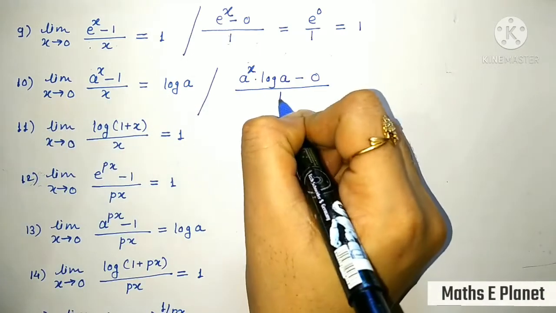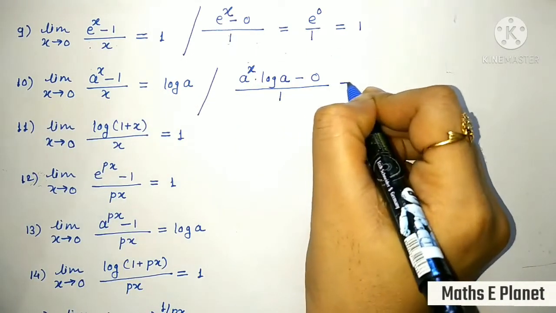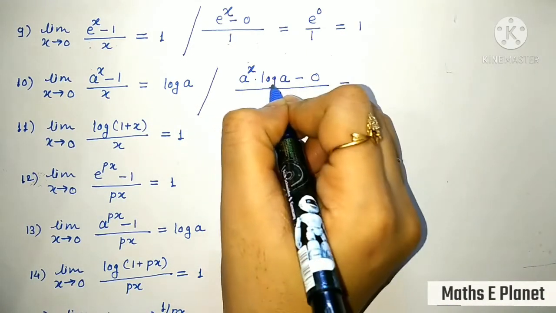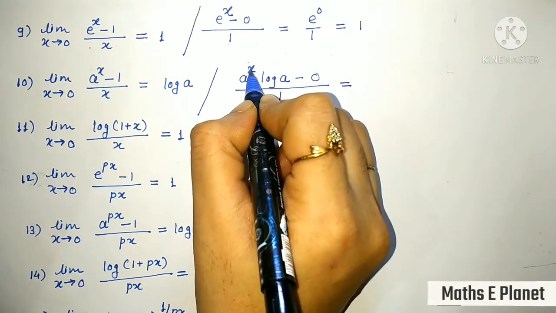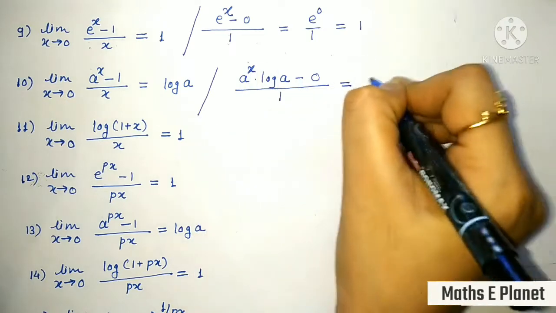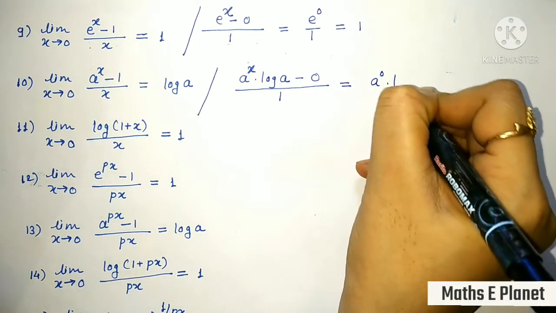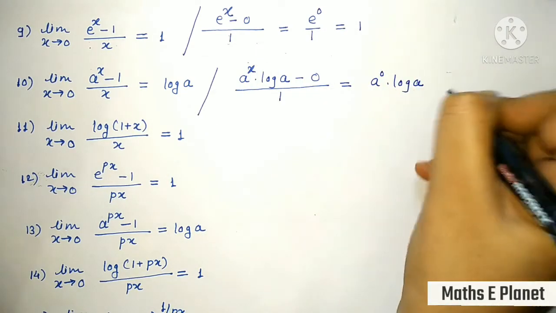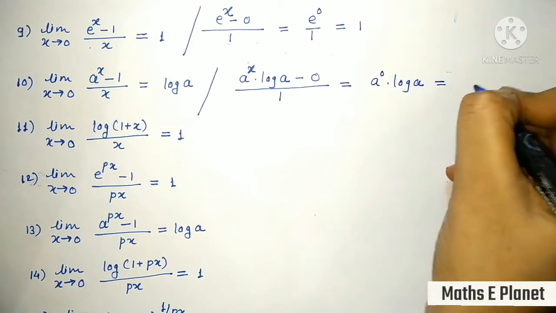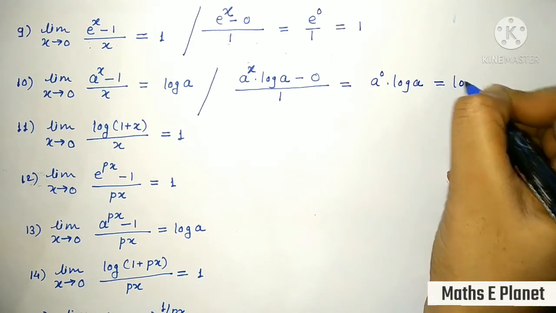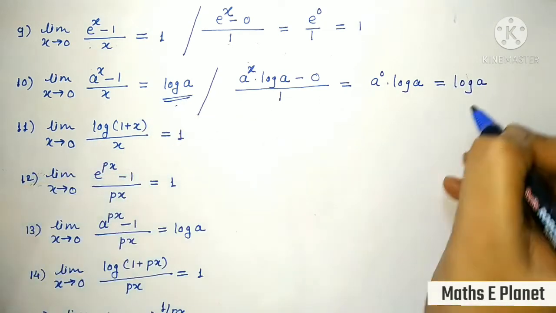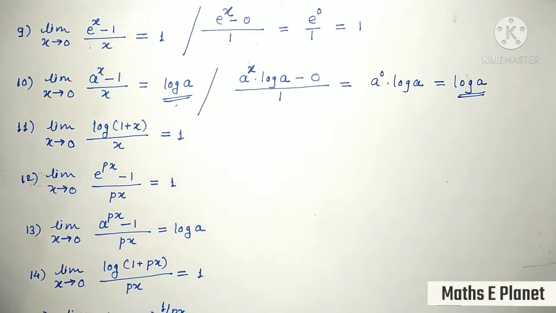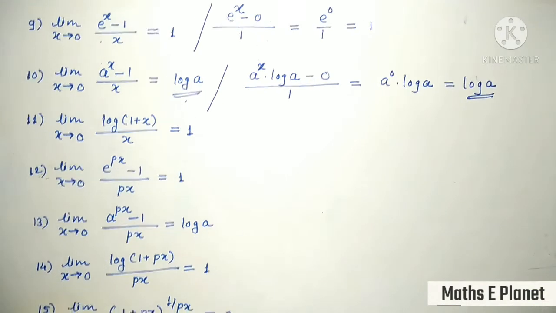The derivative of x is 1, which is equal to a raised to x into log a, but now we have to put 0 instead of x, so a raised to 0 into log a, and a raised to 0 is 1, so the answer will be log a. So the answer is log a here. Got it? Next example, next formula.